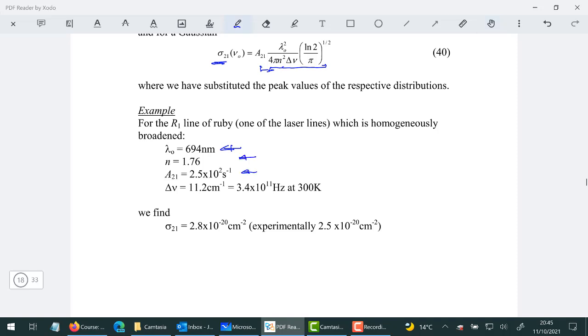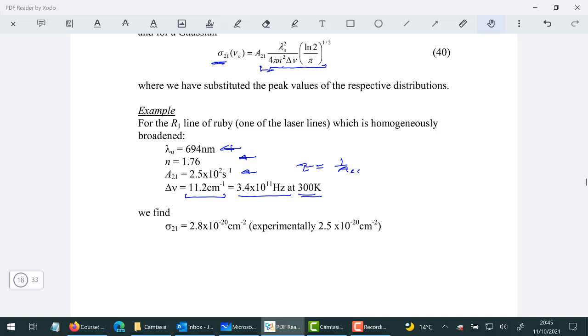Fluorescent lifetime is about a millisecond or something, so 1 over, remember that tau is 1 over A. And the line width is about 3.4 times 10 to the 11 hertz when it's at room temperature. This notation of reciprocal centimeters, you'll see it maybe in some books. It's mostly chemists that use that notation, but you maybe see it. If you're interested, you can look at how you convert from one to the other.